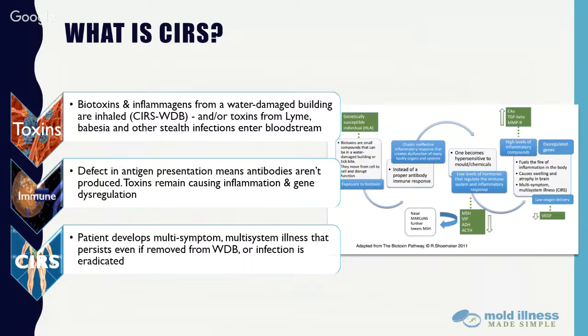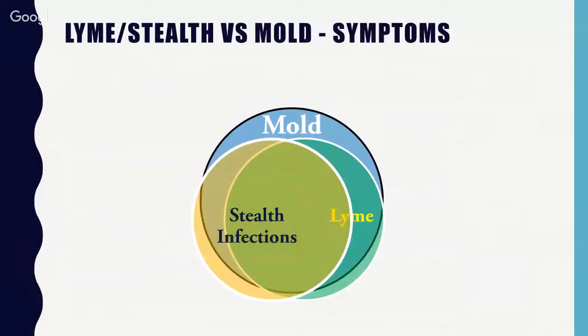The symptoms, let's talk a little bit about that. CIRS symptoms are associated with the typical symptoms we associate with Lyme and mold illness: fatigue, cognitive impairment, urinary frequency, bowel inflammation with leaky gut and bowel symptoms, joint pains, sleep disturbances.